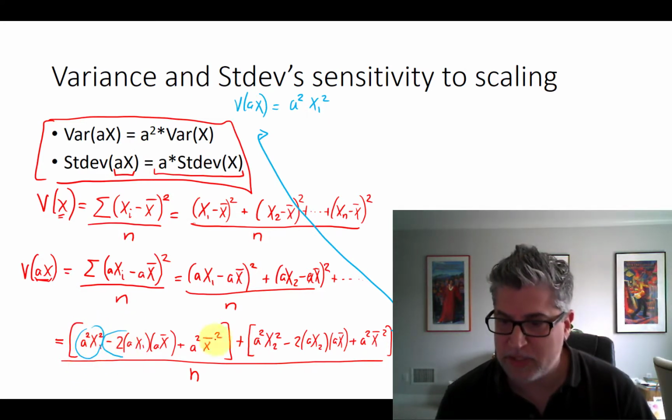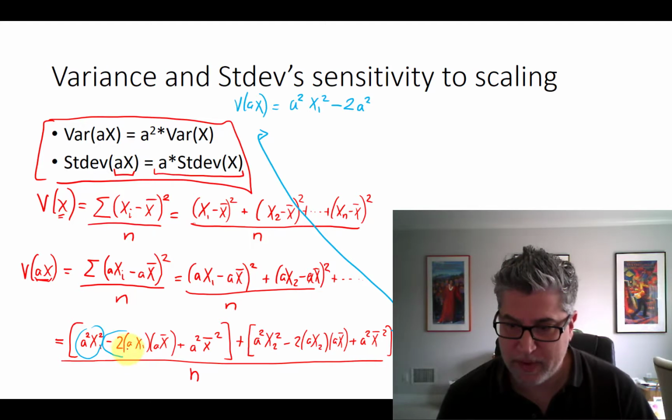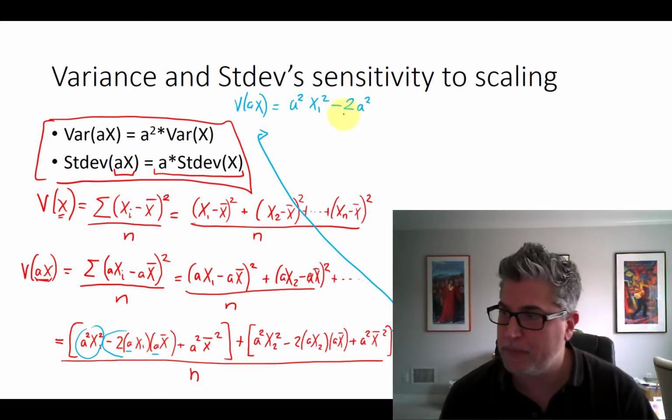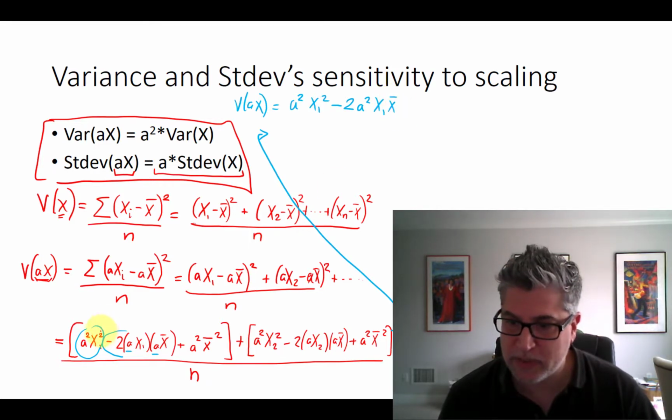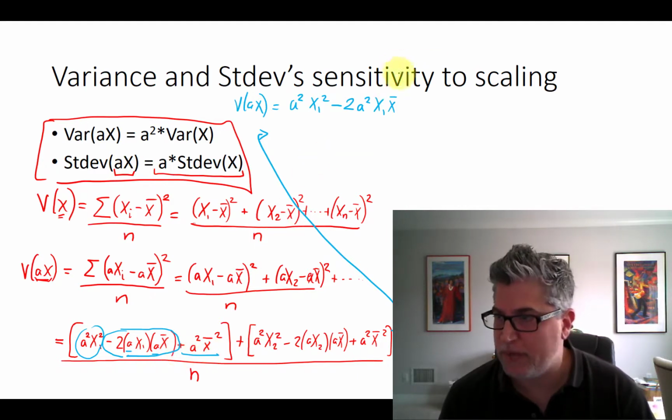Now let's do this second term. So we have minus 2 a squared, because we have a here and a there, x1 times x bar. All right, so that was our second term. And now we just copy our third term.